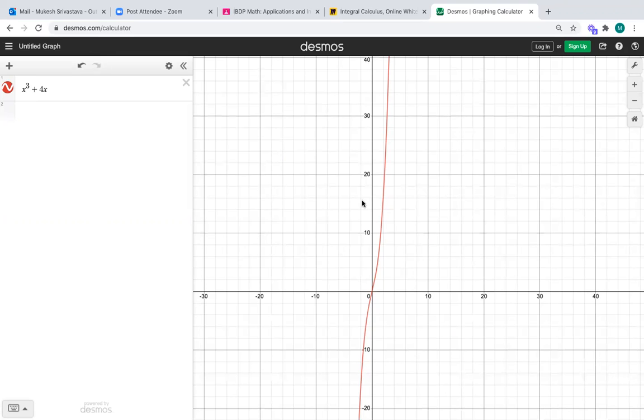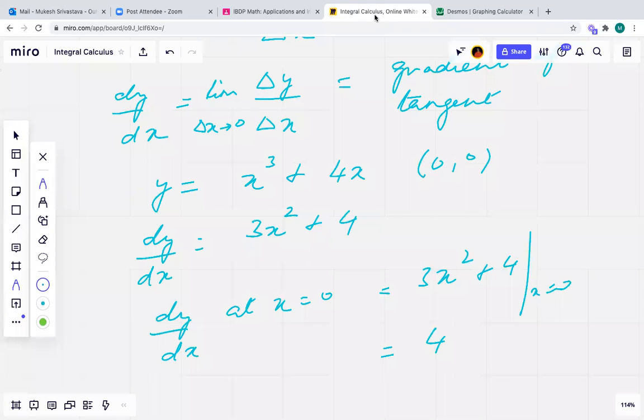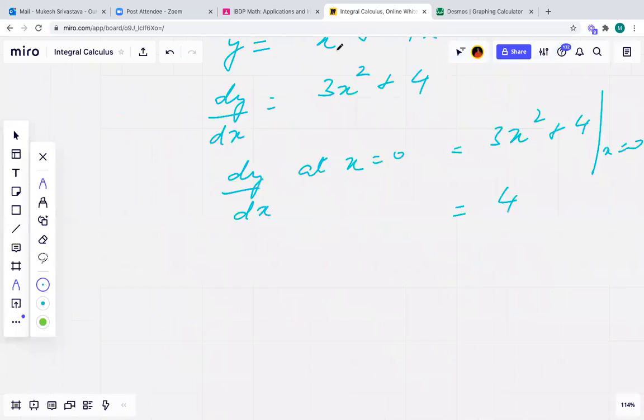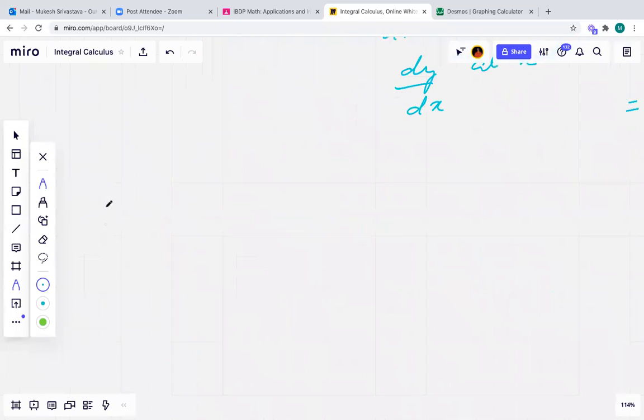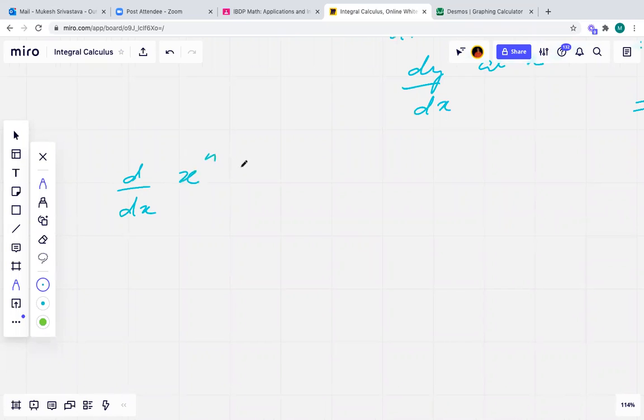Now, every time we will not have time to do all this geometry. So there are some formulae. You remember just d by dx of x raised to n is n times x raised to n minus 1.